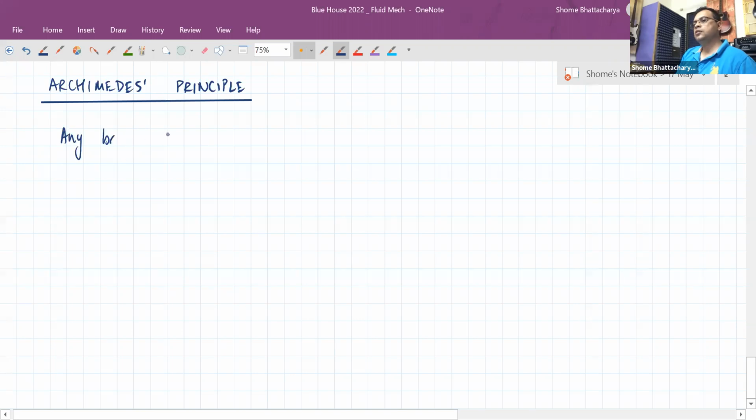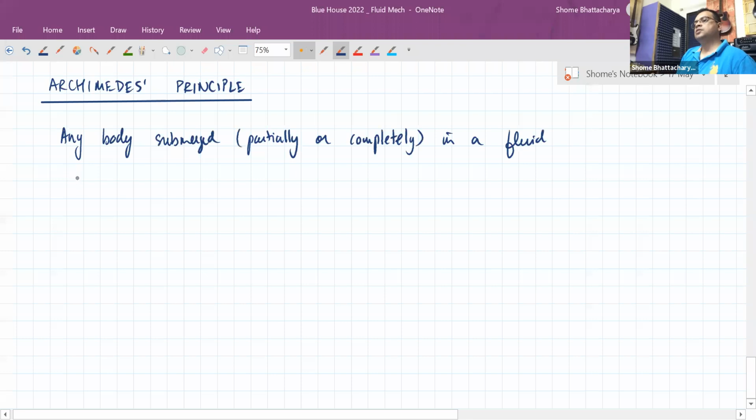any body submerged, whether it is partially submerged or fully submerged, in a fluid, experiences an upthrust, which can also be called buoyant force.